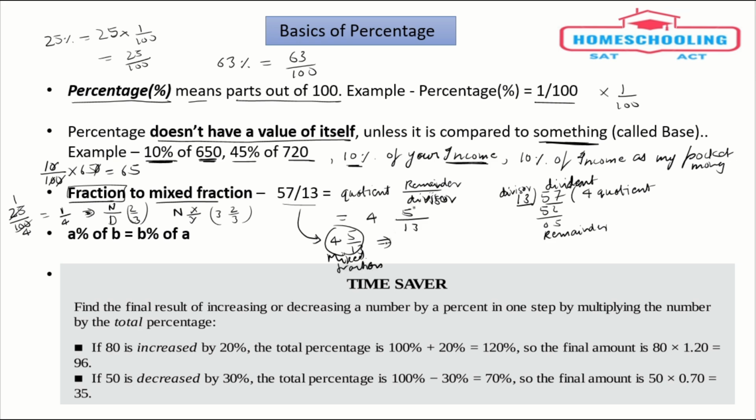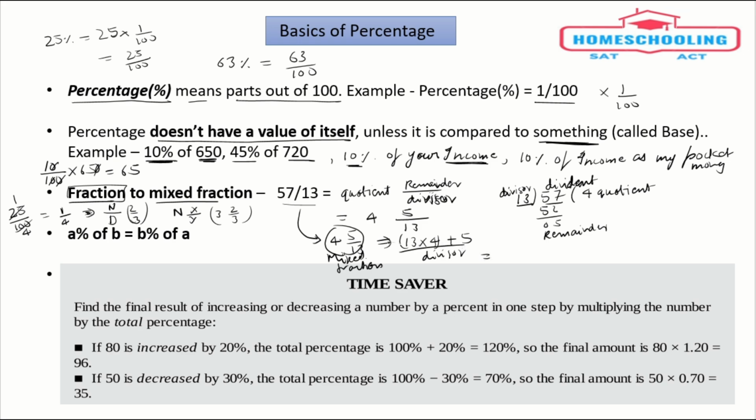And if you want to convert a mixed fraction into a fraction, how are you going to do it? Multiply quotient and divisor, that would be 13 into 4, plus whole, plus remainder divided by divisor.